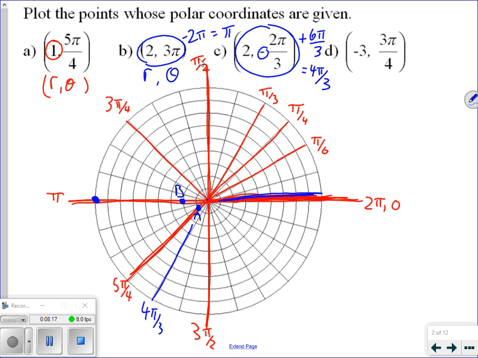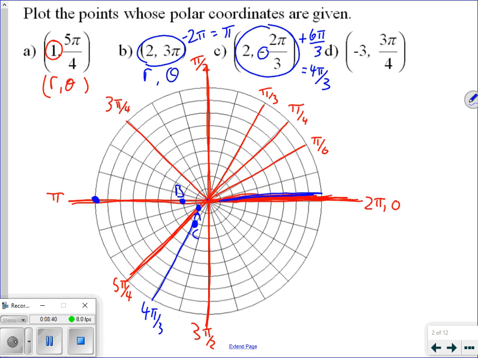Now, if we have trouble plotting radian measures around the circle, we might need to practice that a little bit, but again, I'm just using the same radian measures from our unit circle. So there I am at 4 pi over 3. And a radius length of 2 would be about right here. Okay, I'll call that point C.